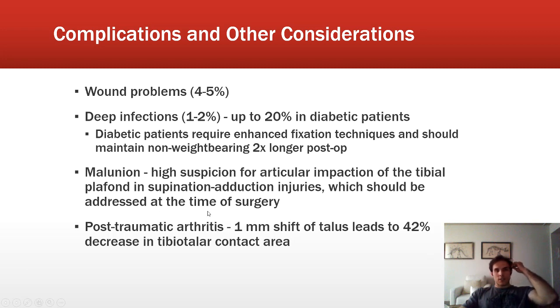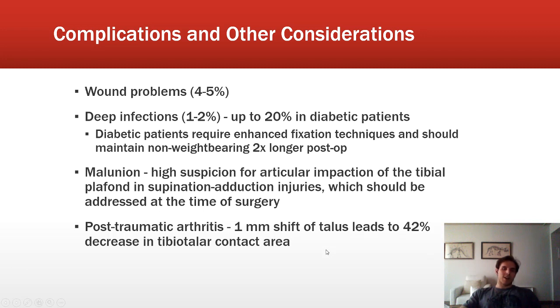Malunion is a significant complication, especially if you do not fix articular impaction of the tibial plafond, which I mentioned is a characteristic of supination adduction injuries. And finally, post-traumatic arthritis can be a significant complication, especially if you have a significant degree of talar shift. Just 1 millimeter of shift of the talus leads to 42% decrease of tibio-talar contact.